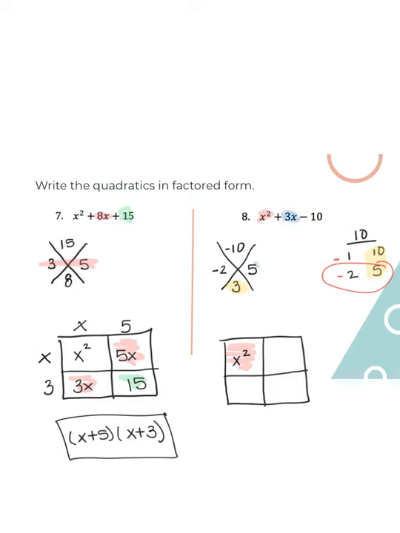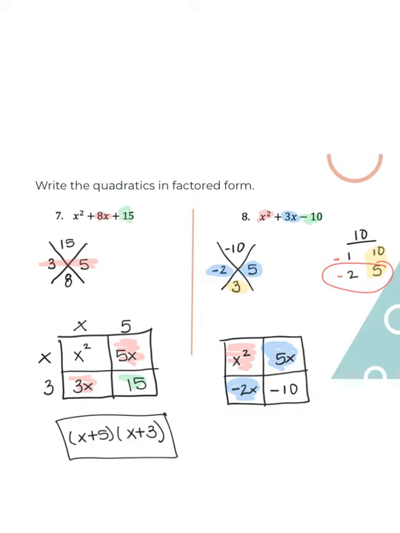So here's my b value, and I'm going to replace it with those two. And they're going right here and right here. So I have negative 2 and stick an x on it, and then 5x. And then my c value, that 10, and it's a negative 10, that c value is going to go on the bottom.